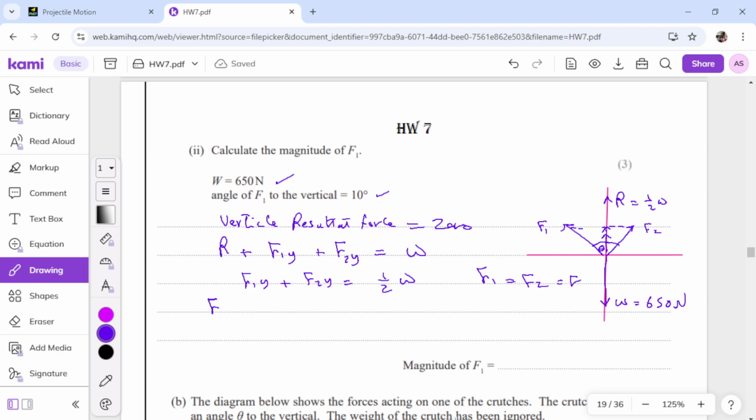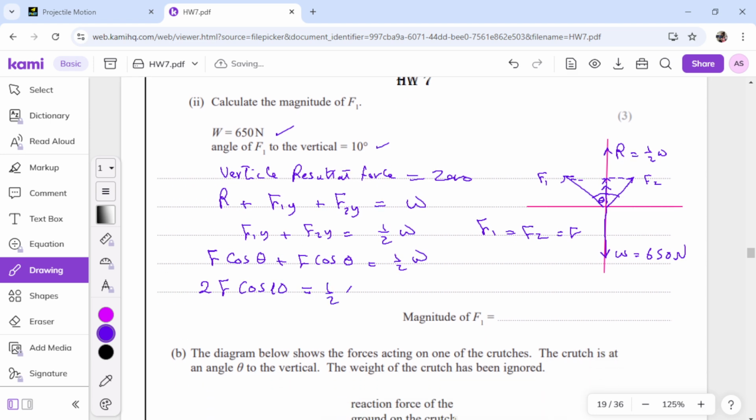So F cosine theta plus F cosine theta equals half weight. This means 2F cosine 10 equals half multiplied by weight, 650.